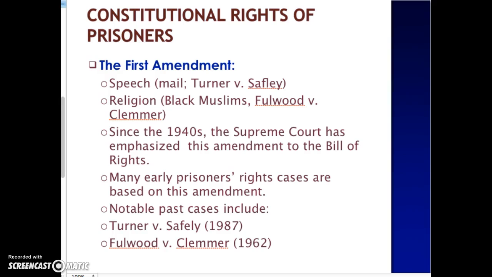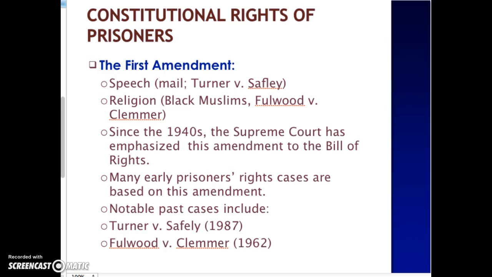And then finally, in O'Lone versus Estate of Shabazz in 1987, the court ruled that a Muslim's free exercise rights were not violated by prison officials who would not alter his work schedule so that he could attend Friday afternoon Jummah services. Shabazz's assignment took him outside the prison, and officials claimed that returning him for services would create a security risk.